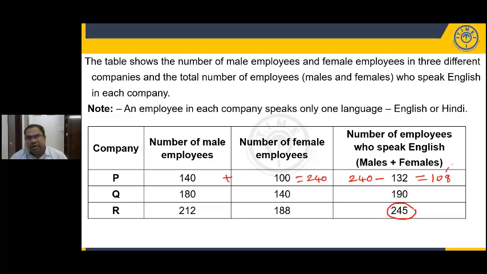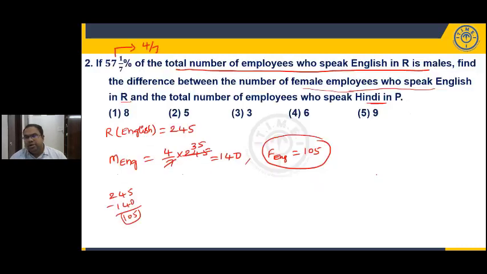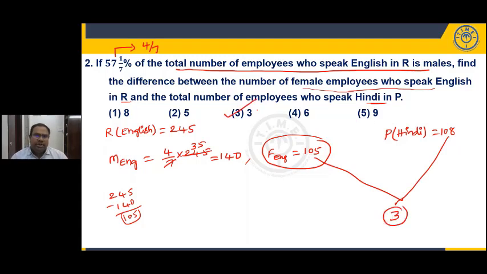So what's the difference? 108. This 108 is Hindi, because they speak either English or Hindi. So P Hindi total is 108. It's asking the difference between these two, females English in R and P Hindi. The difference is 3. Option 3.